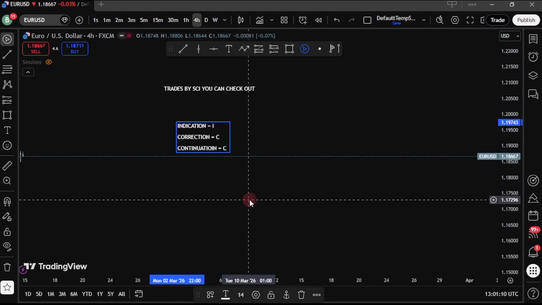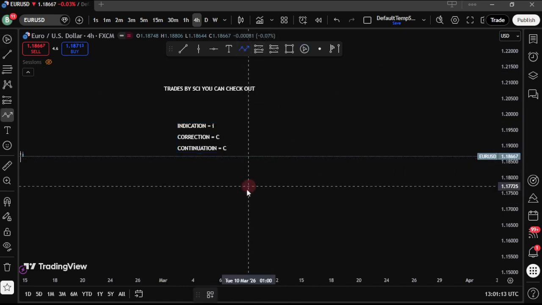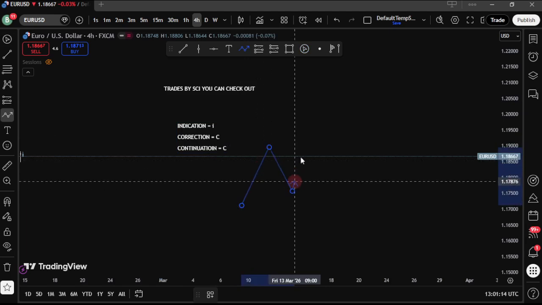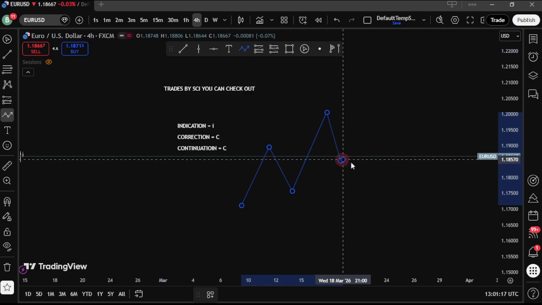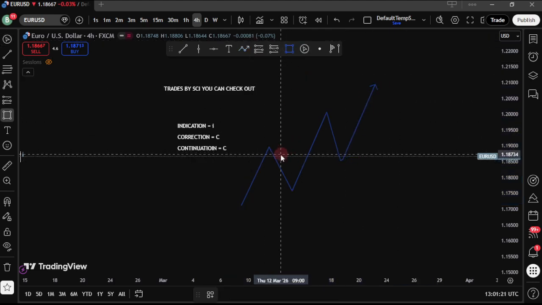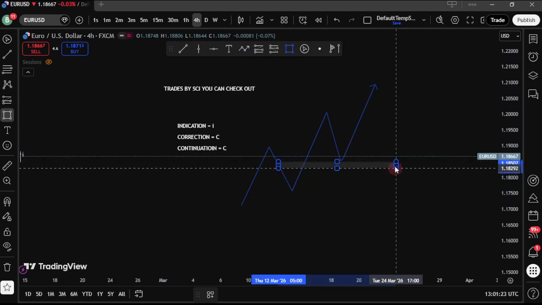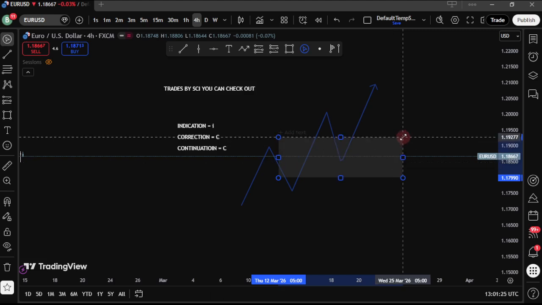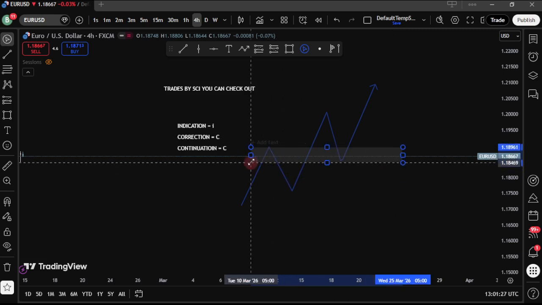For smart money concept, let's say the market makes a high, low, high, low, and a high. In smart money concept, we find an order block over here, or a breaker block around this area.